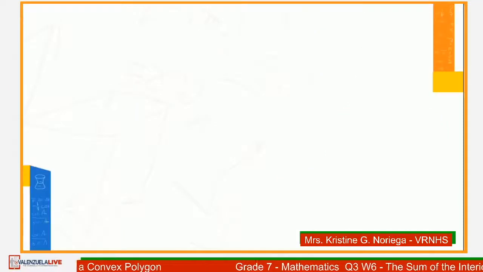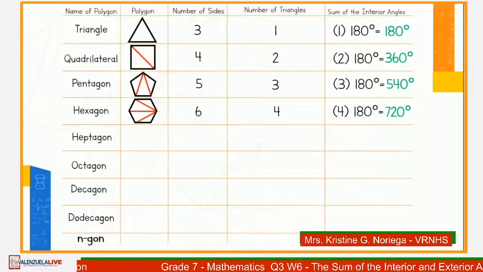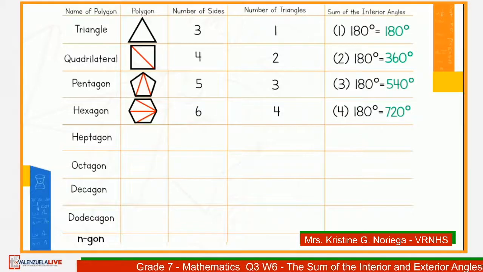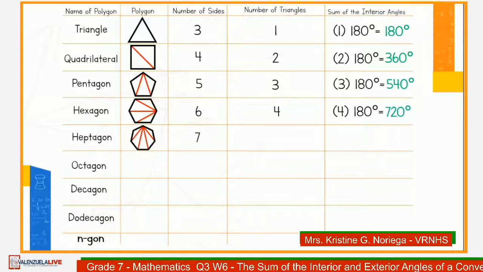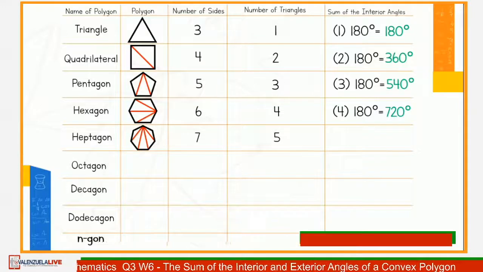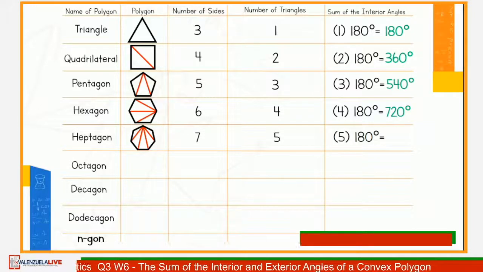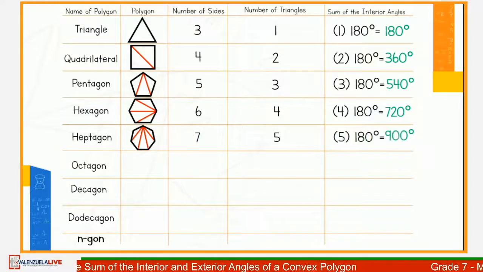Let us summarize our answers here and try finding the sum of interior angles of polygons with more than 6 sides. Like the heptagon, number of sides is 7 and can be divided into 5 triangles. Therefore, to know the sum of the interior angles, we should have 5 multiplied by 180 degrees, which is equal to 900 degrees.